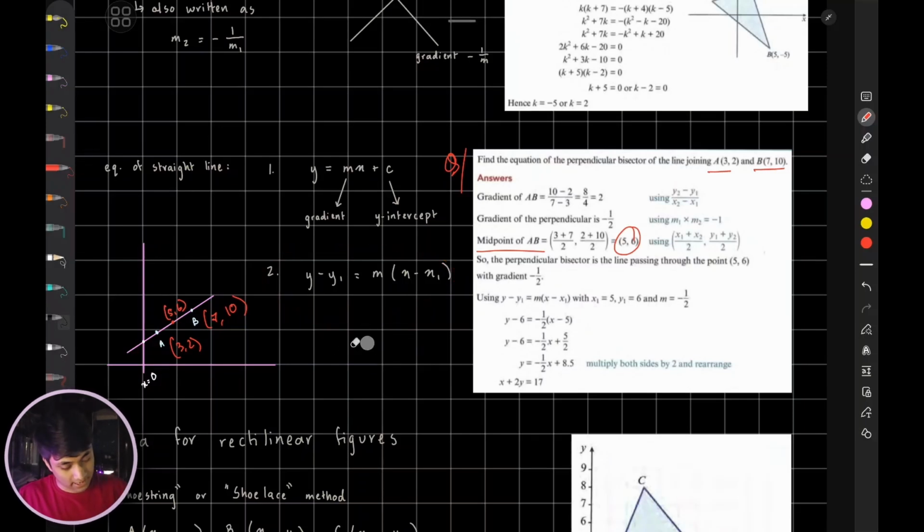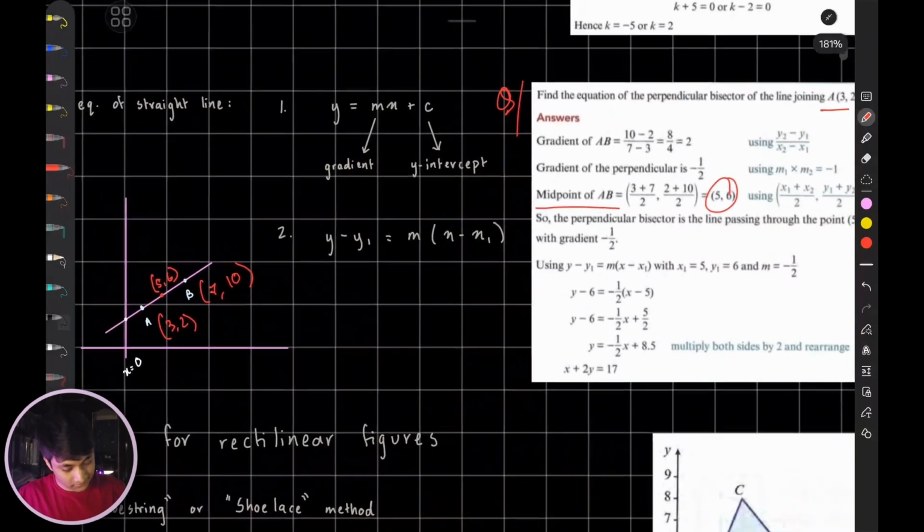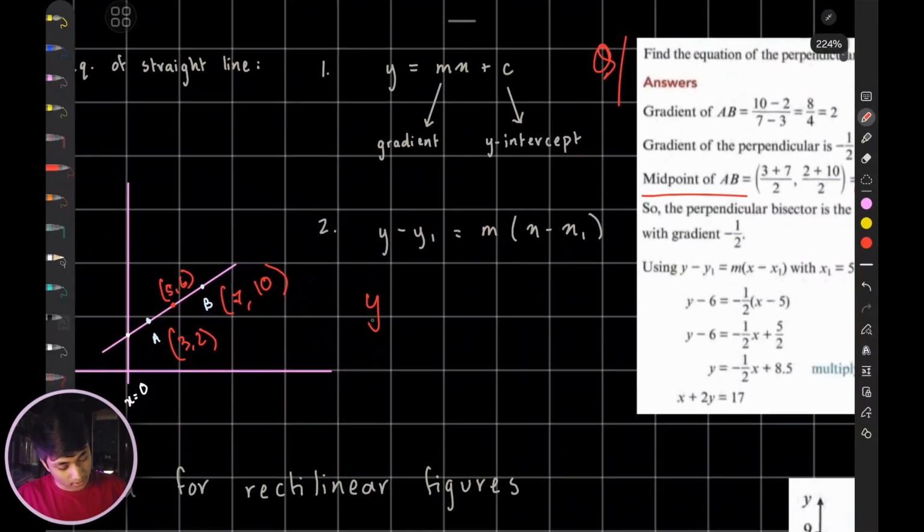So we can do that. And how do we do it? Let's see. Y minus the y coordinate of the point that we are going to take, that is the midpoint, and it's going to be in our case 6. Y minus 6 is equal to, what is the gradient? Minus half. X minus the x coordinate of the point, that is 5.